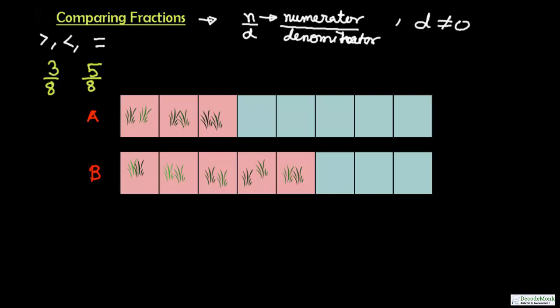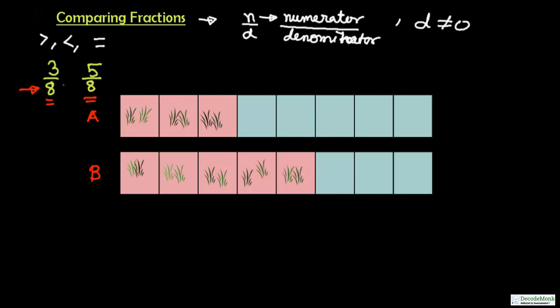As you see, the denominator represents the number of parts and the number of parts is 8. So both of these rectangles are divided into 8 equal parts. 1, 2, 3, 4, 5, 6, 7, 8. Similarly, rectangle B is also divided into 8 equal parts.